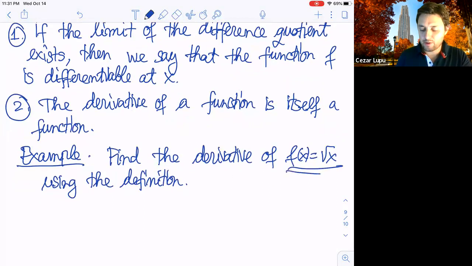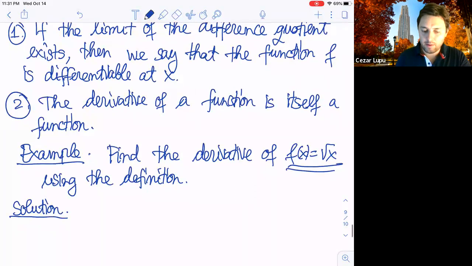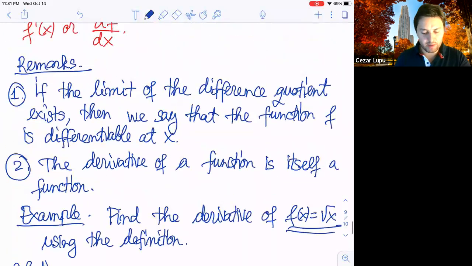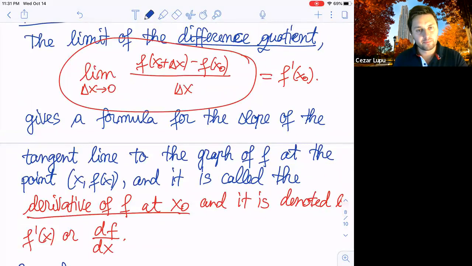Okay, so we have this function, and we want to find the derivative using the definition. Let's look back at the definition. What does it say? You see, it's nothing else than just the limit of the difference quotient. So that's what we have to do.